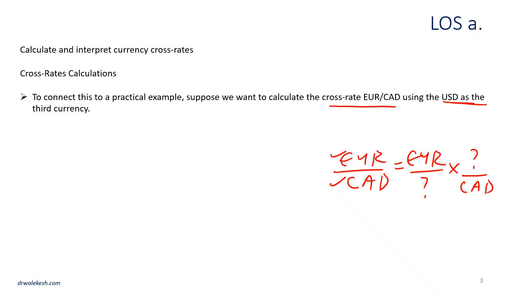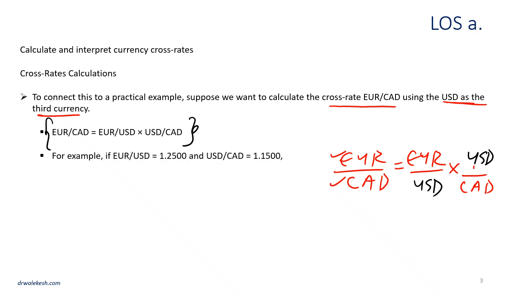So the third currency is US dollars. So I can easily change these question marks to US dollars. As said earlier, my aim is not to cancel out this third currency. So I believe that we should agree with this.